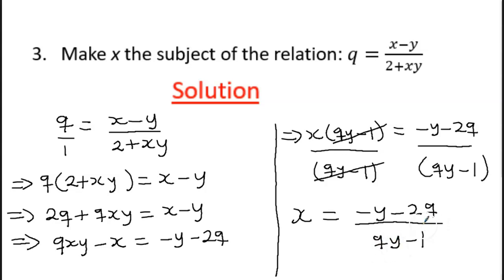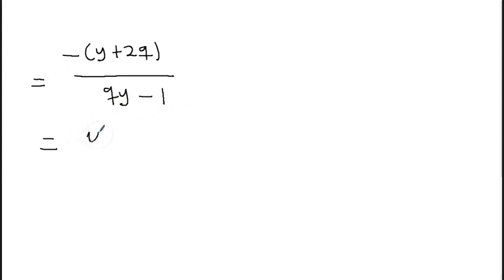There are times if it is in objectives, you can rewrite this one as y plus 2Q over minus (Qy minus 1). And sometimes if you want to write it in another form, this minus can affect the denominator, then it will become y plus 2Q over 1 minus Qy.